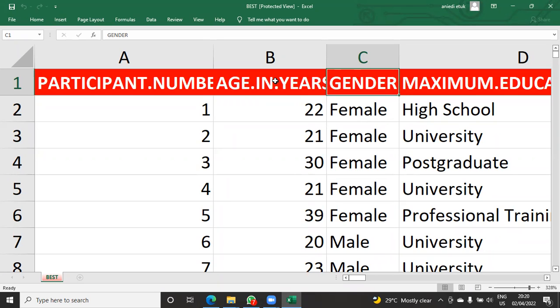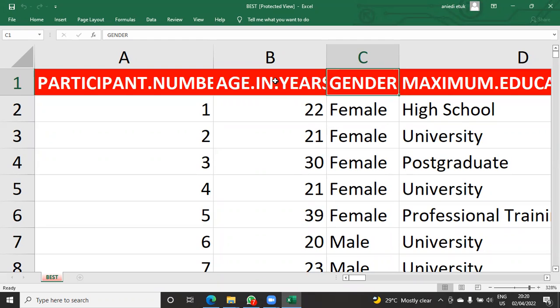Under the numerical data, we have the continuous and the discrete. Under categorical, we have the ordinal and the nominal data.